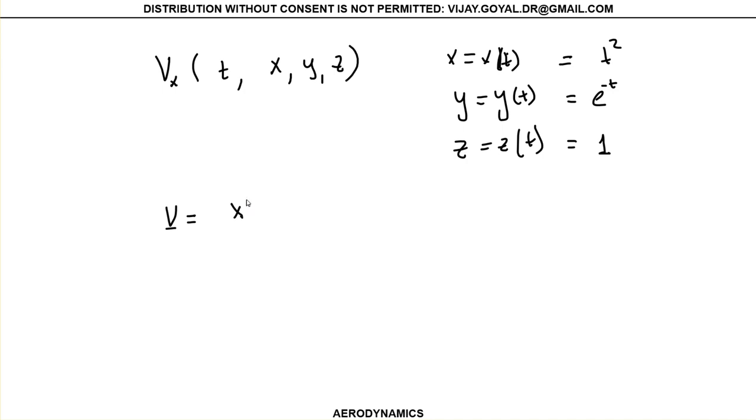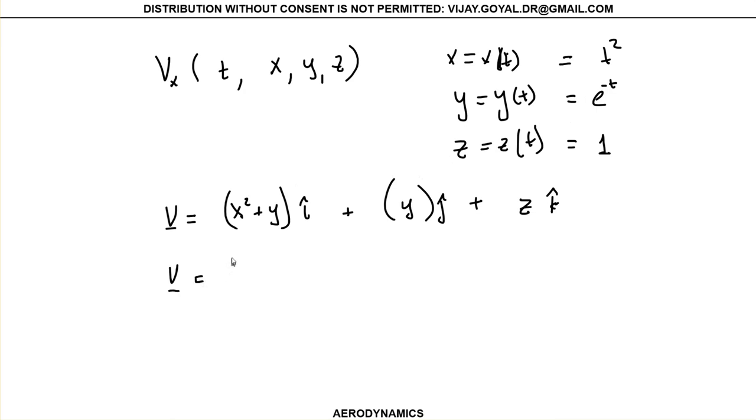x squared plus y, i, y, j, plus 1 times z, k, right? So here particularly what's going to happen is, now this is a function of time really. So if I want to take this, I can replace that here.